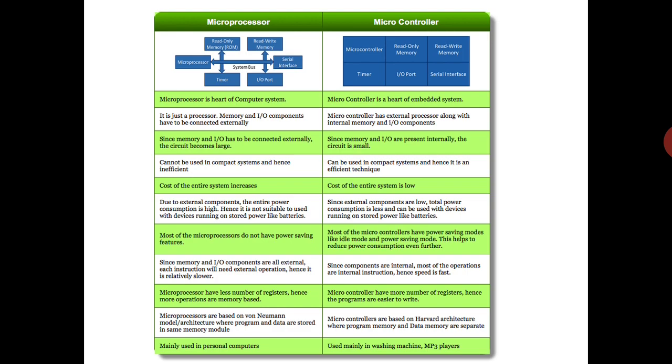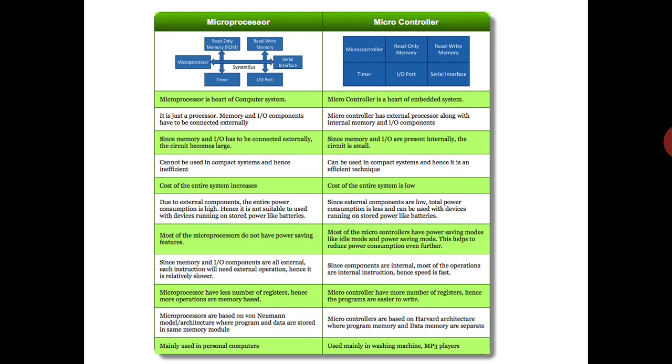Fifth one, microprocessor cannot be used in compact systems and hence is inefficient. Efficiency is less or negligible. Microcontroller can be used in compact systems and hence it is an efficient technique.